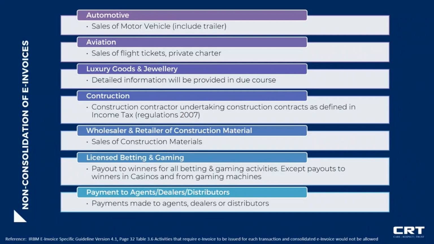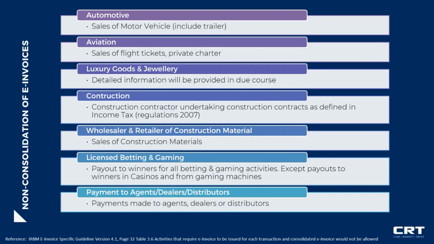For aviation, it is the sales of flight tickets or private charters. Then luxury goods, construction, and also the wholesaler or retailer of construction materials. So if you are selling some hardware and you are not allowed to do the consolidation, please take note of that.